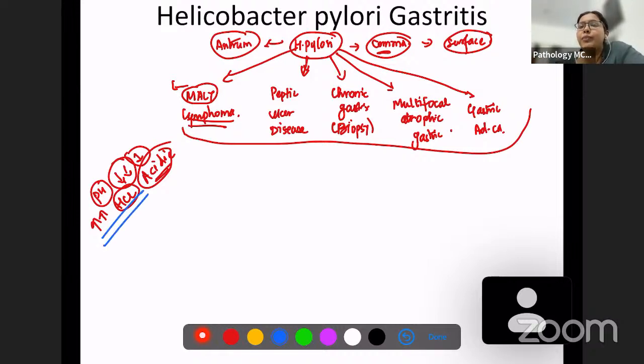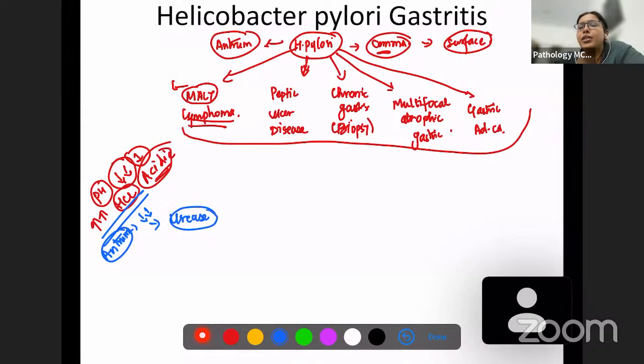How is it able to survive such a low pH? One reason is that it is in the antrum. Compared to all the parts of the stomach, the antrum has a slightly higher pH. Apart from that, there is a most important virulence factor produced by H. pylori, which is urease.